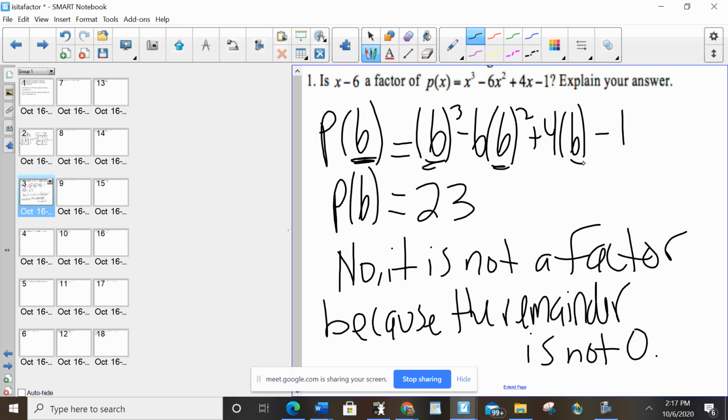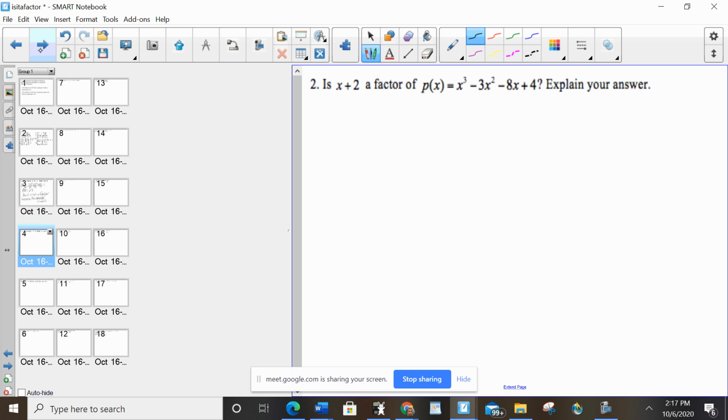Let's take a look at another example. Is x plus 2 a factor of this polynomial? To determine if something is a factor, I need to find the remainder. To find the remainder, I do the remainder theorem, which is substituting the opposite into the function.